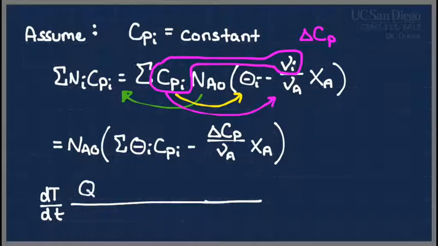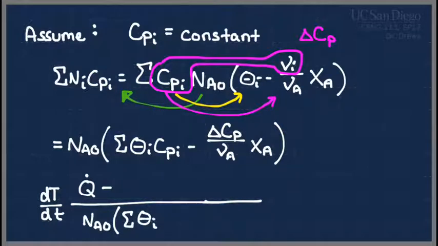Q dot minus a bunch of stuff. I'm not going to write that bunch of stuff just yet because we're going to make a modification there as well. But the only thing that we changed with that last derivation was the denominator: instead of N_i times Cpi, we pulled everything out and made it in terms of A.